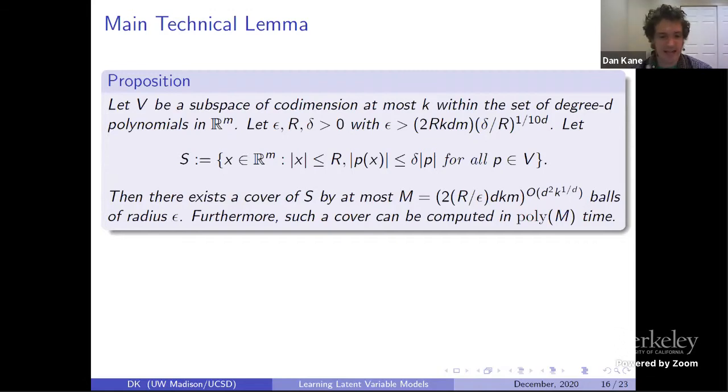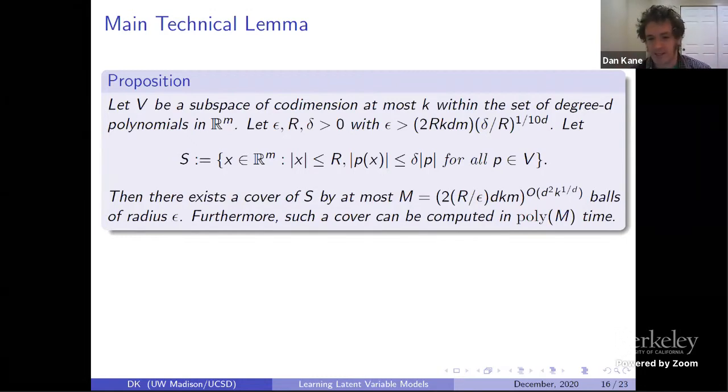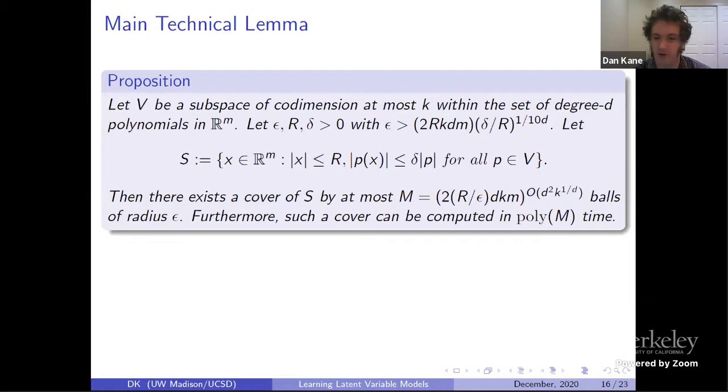And we're going to look at this set S. It's the set of all x in R^n that have L2 norm at most r, so we need to restrict this to a ball, such that for all polynomials P in this set V, the absolute value of P(x) is at most delta times the norm of P. So basically, we won't have all the P's vanish exactly on these points, but they're going to nearly vanish on these points. And given this, we claim that there exists a cover of S by balls of radius epsilon.